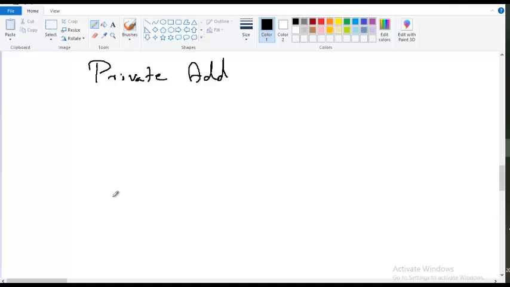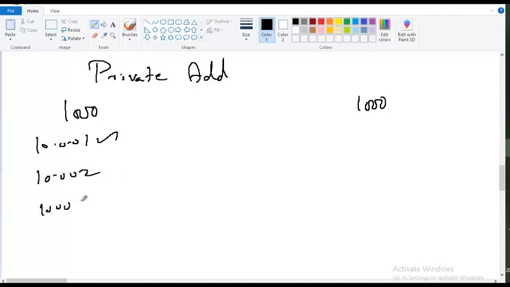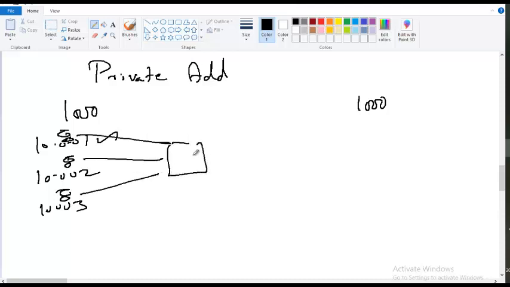For example, if I have 1,000 employees in my company and you also run another company with 1,000 employees, you and I can have the same IP addresses inside our organizations. My employee's first computer is 10.0.0.1, second computer 10.0.0.2, third computer 10.0.0.3. So these are the IP addresses of my company network, connected to a switch.